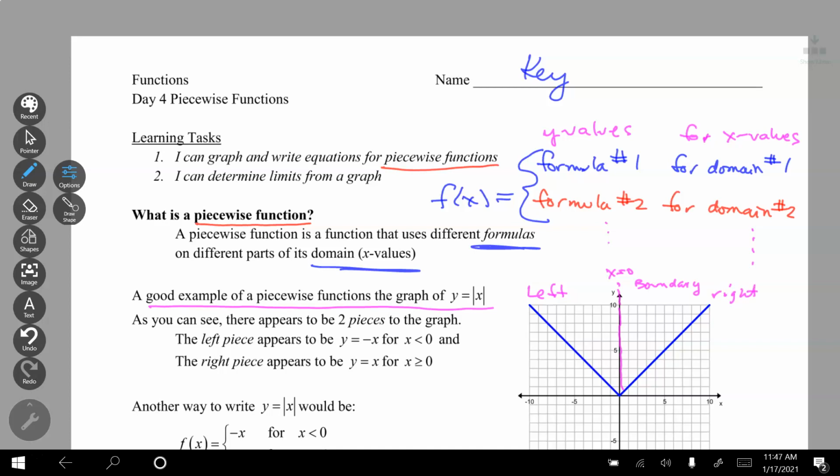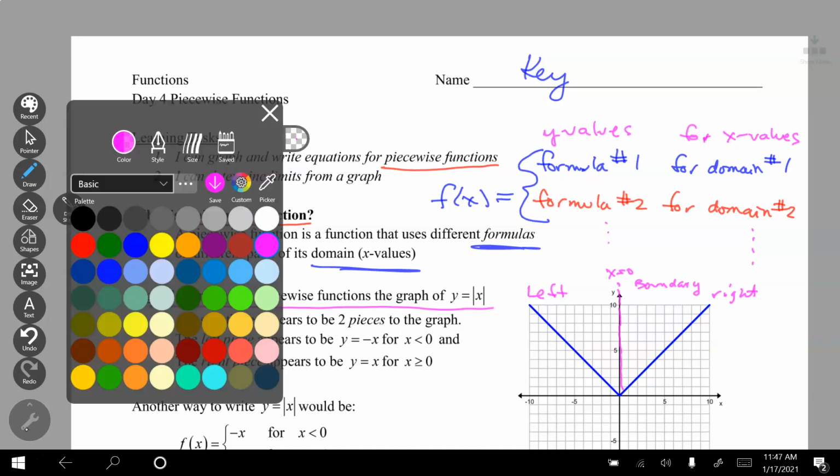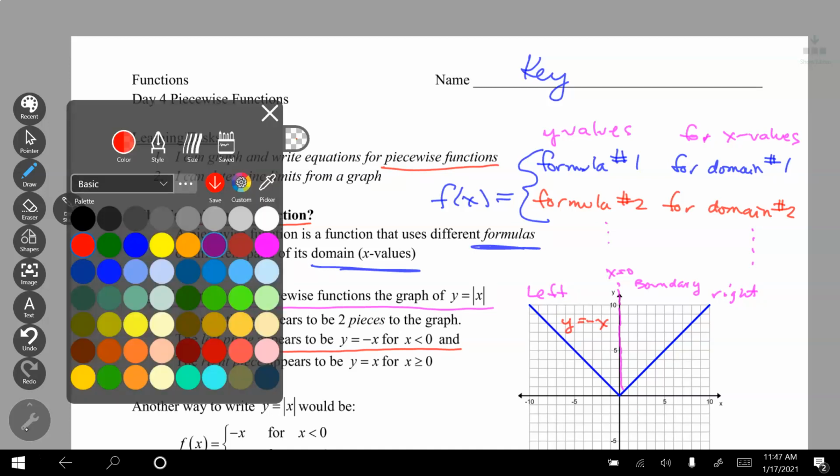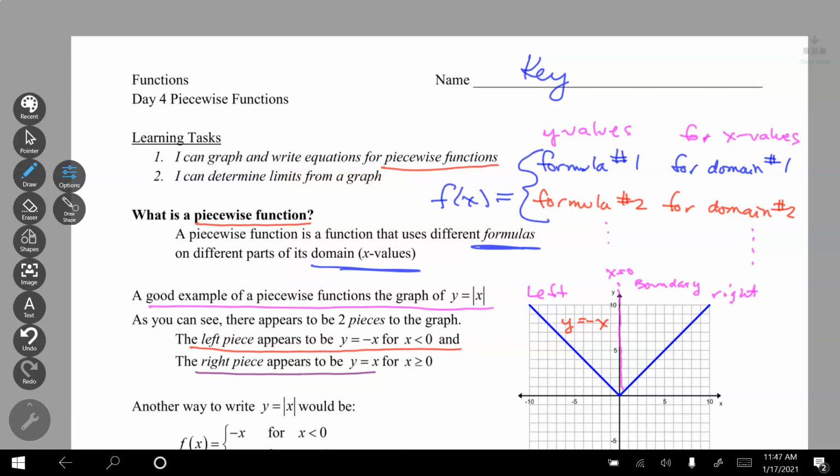The left piece is y equals negative x, negative slope going downhill through the origin, and the right piece looks like y equals x, starting at 0 and going out to infinity.